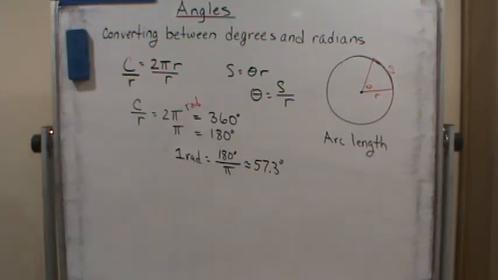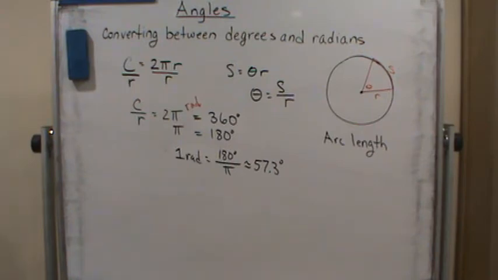Okay, so you might be asking yourself, now what? Well, this property, the fact that it only depends on the angle, allows us to define a measure of any angle as a ratio of the arc length, S, to the radius R, which I have on the board.